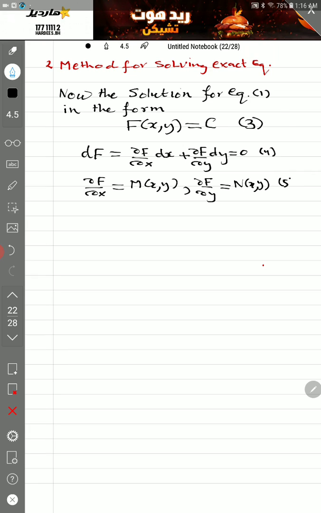Let's put them as 5. Now from 5 we can find the solution either by using the first condition or the second condition. So we have two methods. I will do method 1, using the condition partial f by partial x equal to m of x and y.